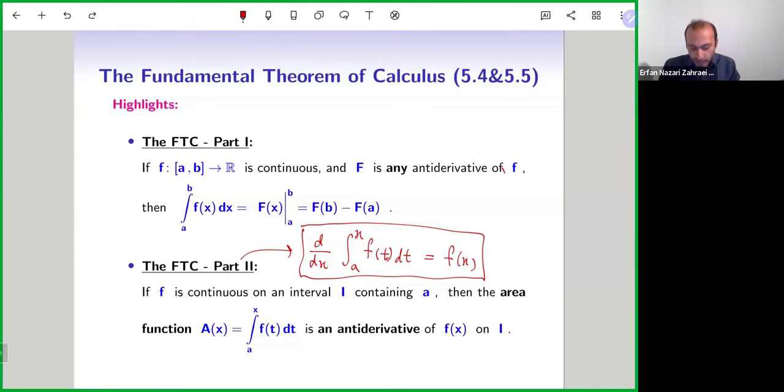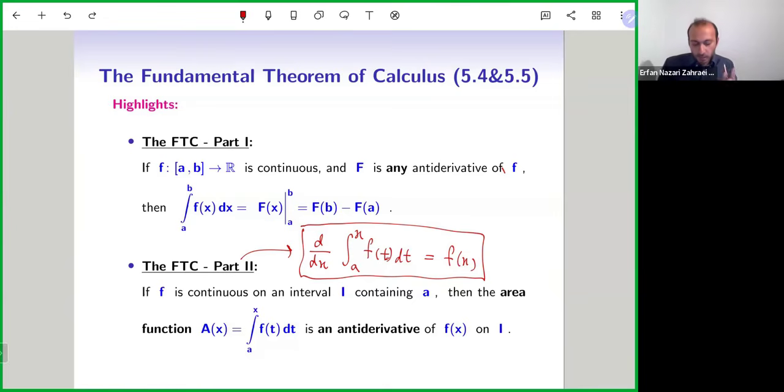Basically, you can memorize it as: when this is constant and this is the variable that you are taking the derivative with respect to, you take this and plug it into the integrand, into the function. Plug in x inside f, you get f of x. And that's how you can memorize this second part.